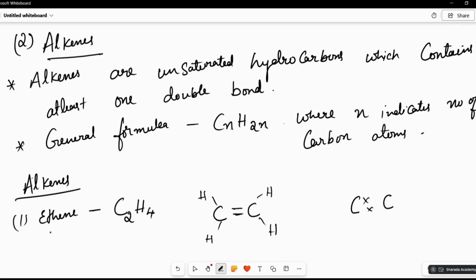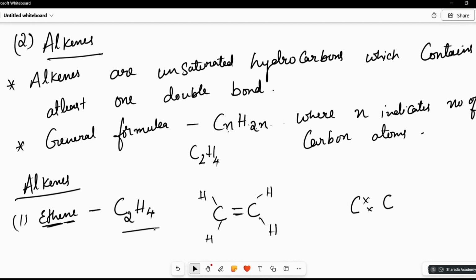See, ethene means two carbon atoms. ENE means you will have the double bond. One double bond you will have. So the general formula, CnH2n. n is equal to 2. So it is C2, H2 into 2, 4. This is the molecular formula.